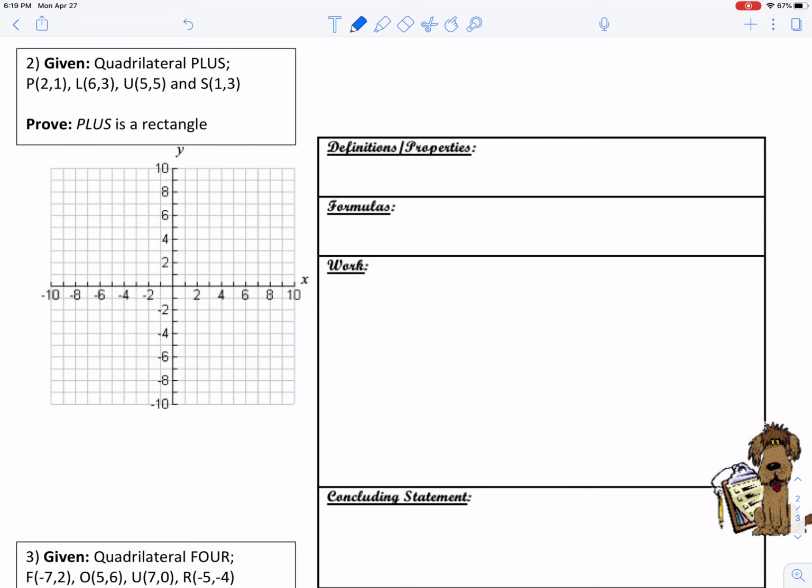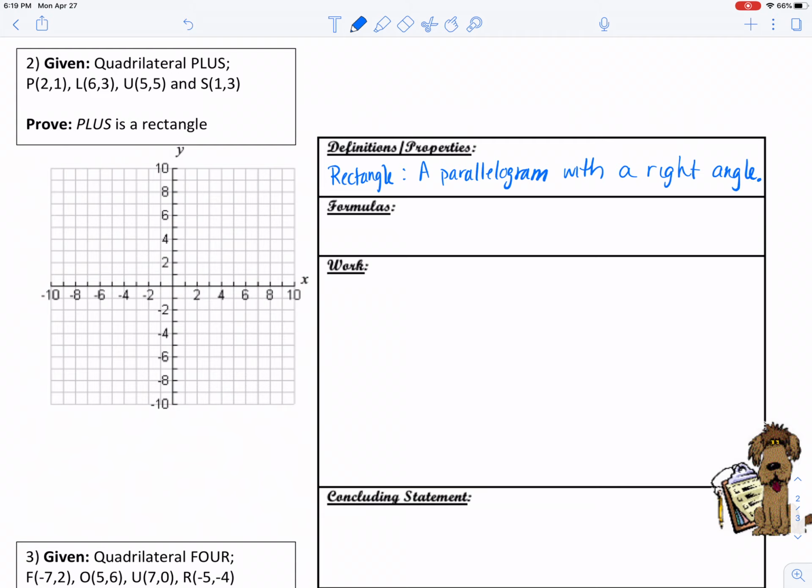So a rectangle is a parallelogram with, so we need to decide, are we going to say that it's a parallelogram with congruent diagonals, in which case we'd get the length of each of the diagonals and show that they're congruent, or are we going to show with a right angle? I think I'm going to do that one. Parallelogram with a right angle. So again, I'm not doing the one I starred, I'm doing the other one.